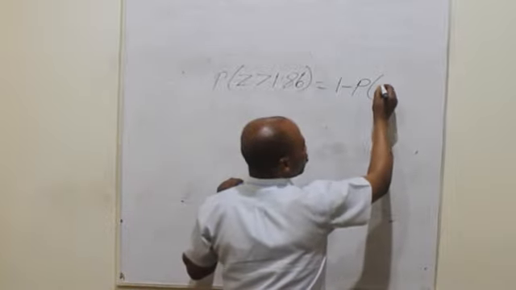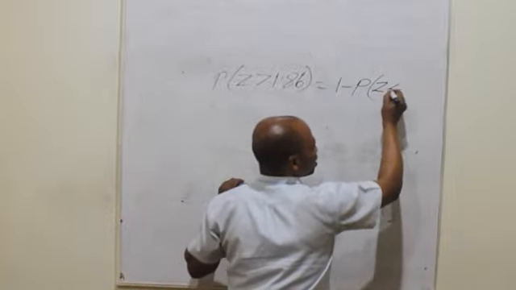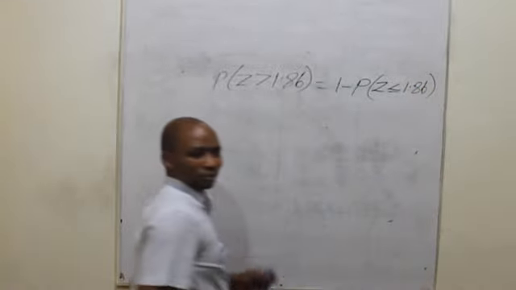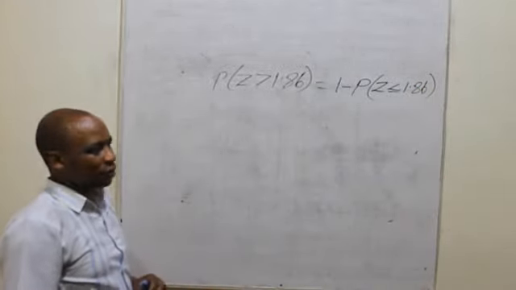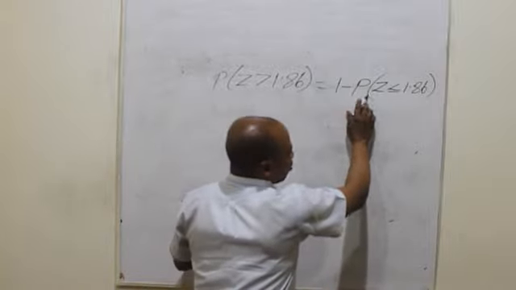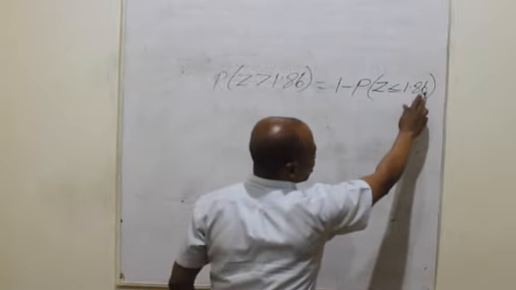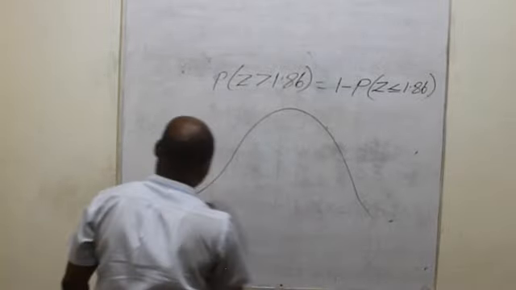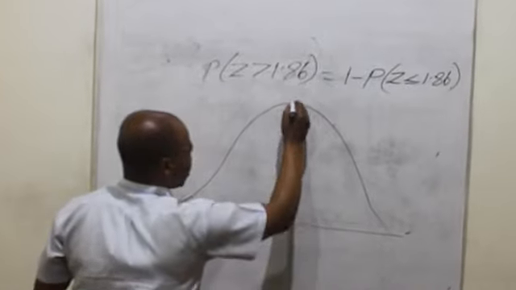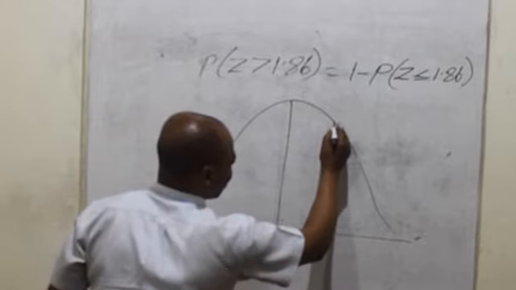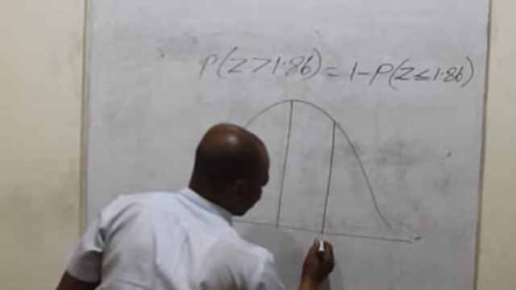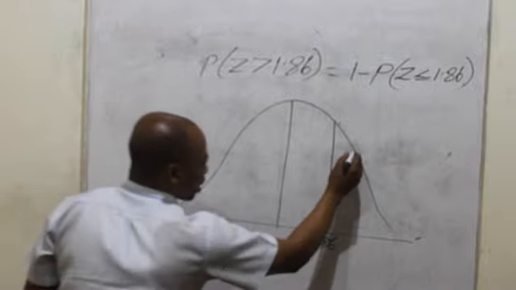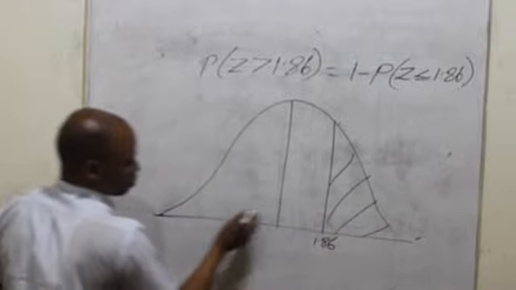So that will be 1 minus the probability of Z less than or equal to 1.86. This probability of Z less than or equal to 1.86 corresponds to this region.